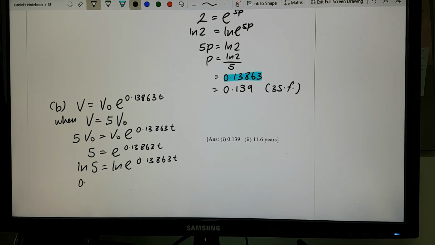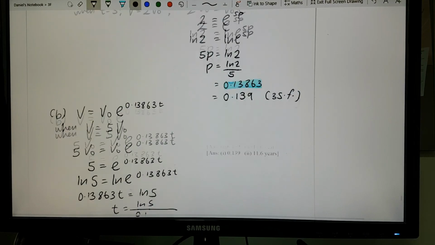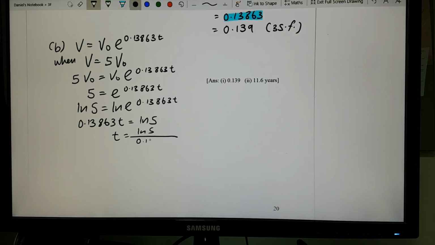So 0.13863t will be brought down. ln e is 1, so it equals ln 5. t equals ln 5 divided by 0.13863. Now this is the final answer already, so I just give 3 significant figures. Press your calculator, you can get 11.6. So 11.6 years.